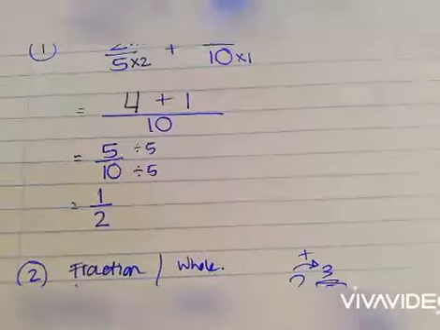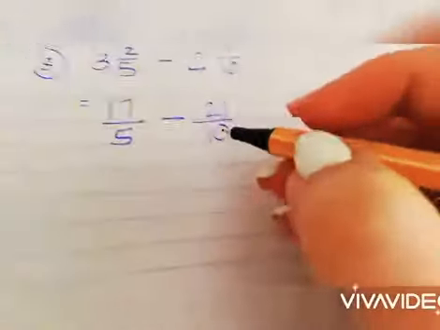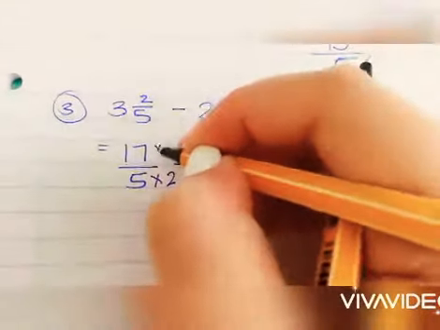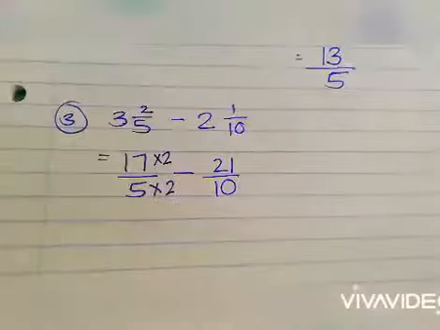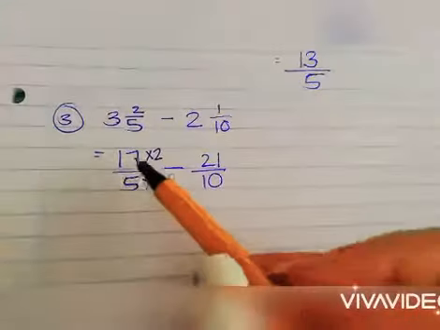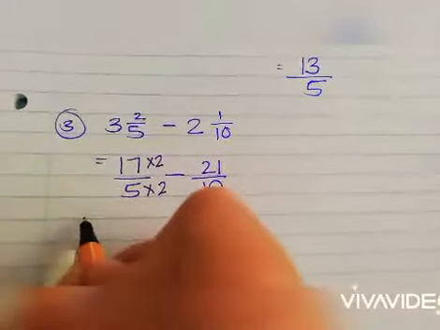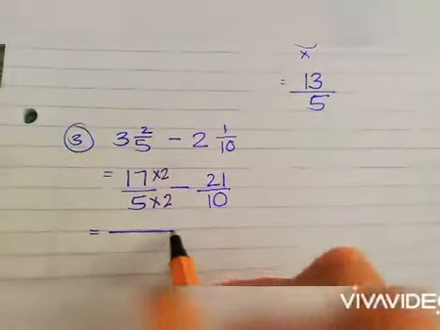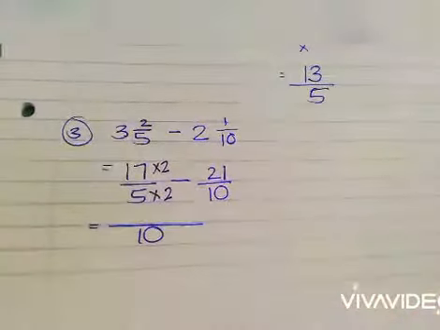Okay, so we just need to change this to the same denominator of 10. 5 times 2 gives me 10, so I need to times the bottom by 2, and I need to times the top by 2 as well. So 17 times 2, we're making our denominator 10.